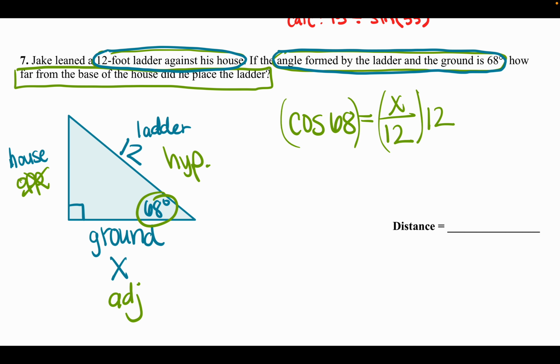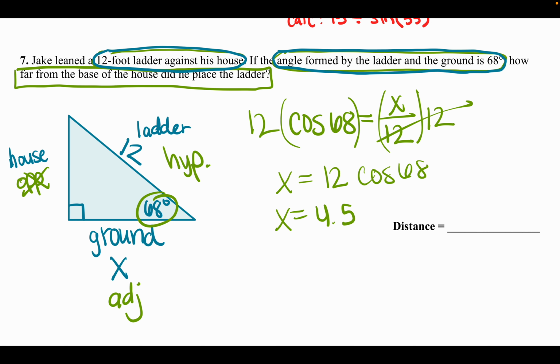So first we need to get rid of that fraction, so multiply by 12 on both sides. Cancel out your fraction. So x is 12 cosine of 68. Now enter that in your calculator. 12 cosine 68. We get x is 4.5.